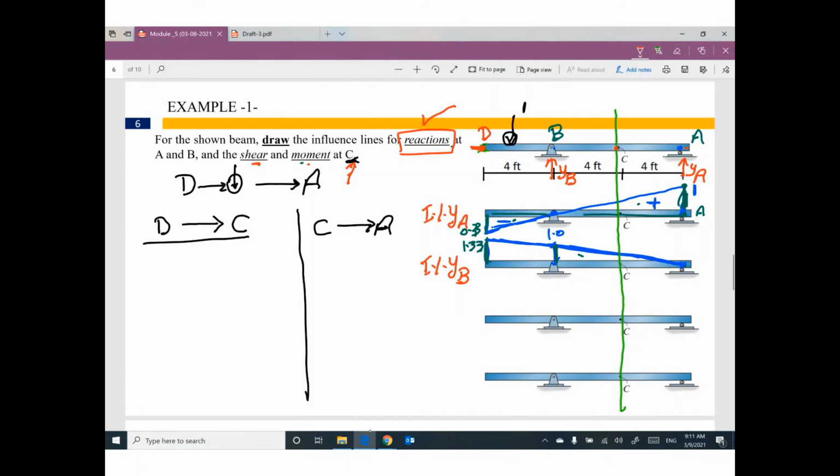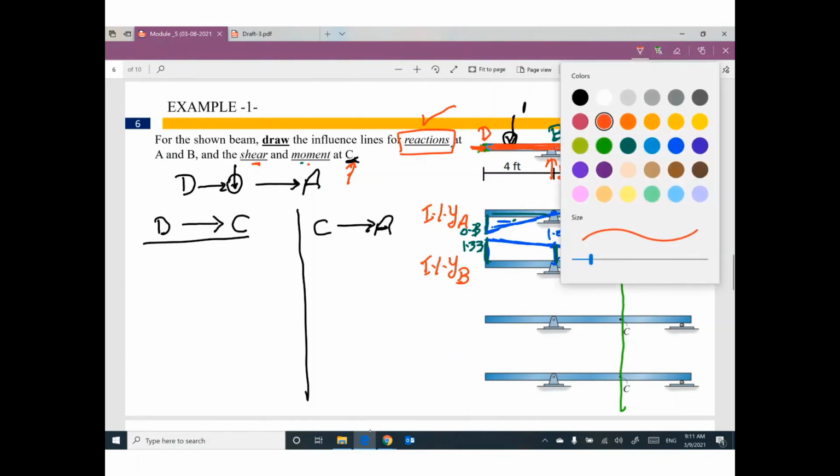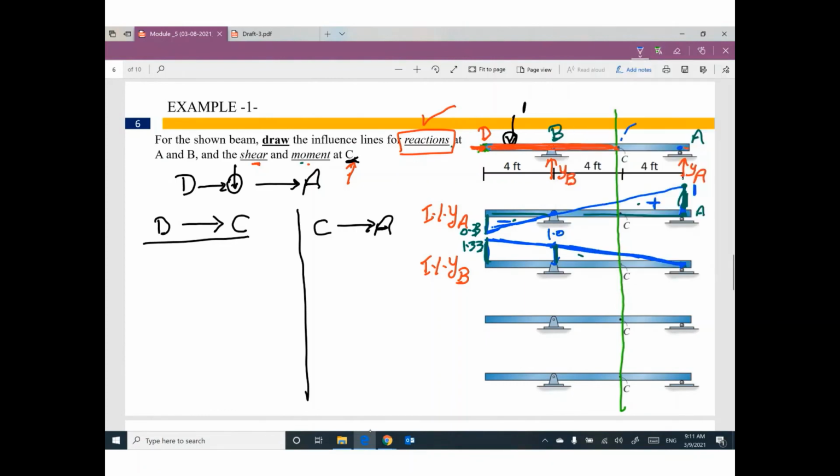So assume your unit load is moving from D to C. I will use the other part of the bridge. The other part of the bridge looks like this. We have reaction here, YA.